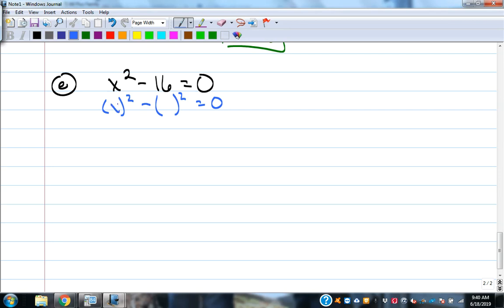So I know the first one's x. What squared gets me 16? 4. So that means that this factors x in the front of both of them, 4 in the back of both of them. One's a plus, one's a minus. I get my factors. And then I just set those equal to 0.